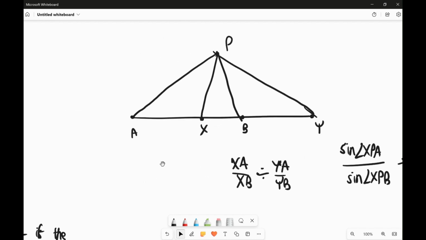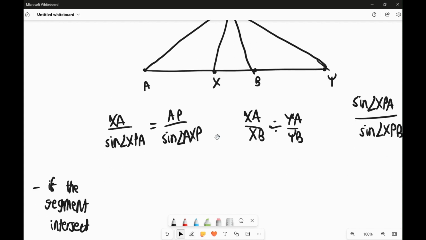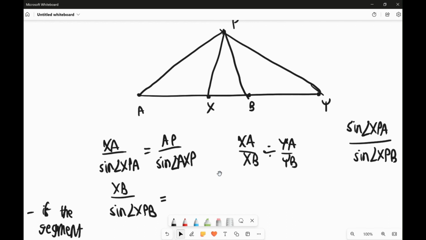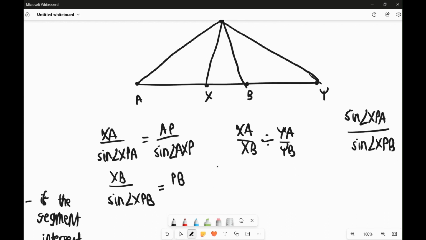Here we have that XA over the sine of angle XPA, by the law of sines, is equal to AP over the sine of angle AXP. And then XB over the sine of angle XPB is equal to PB over the sine of angle PXB.